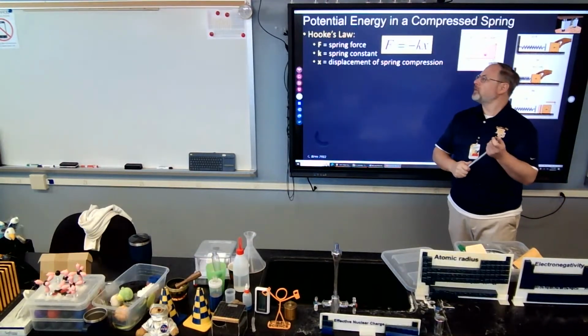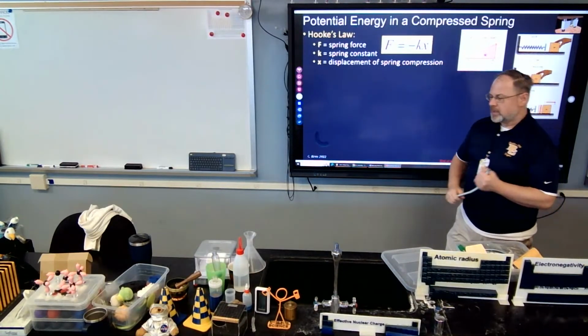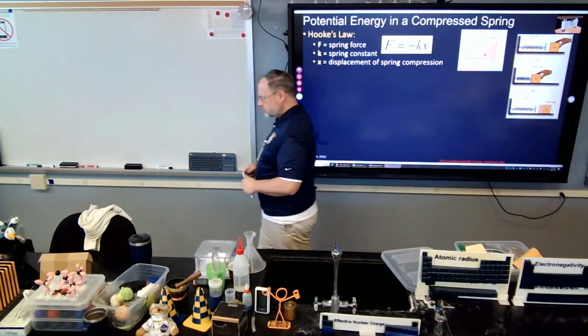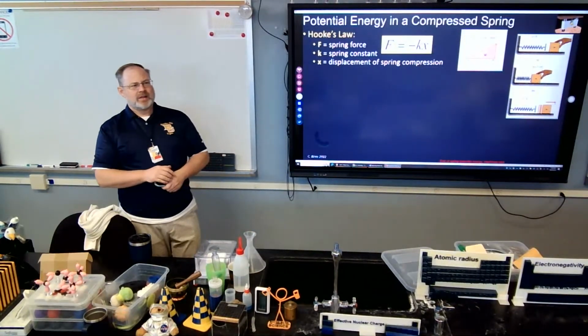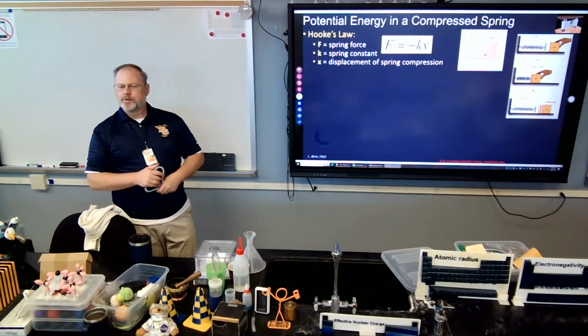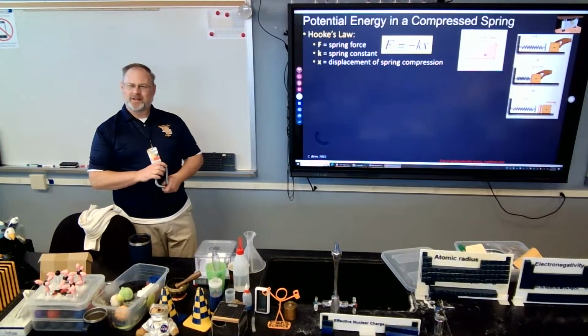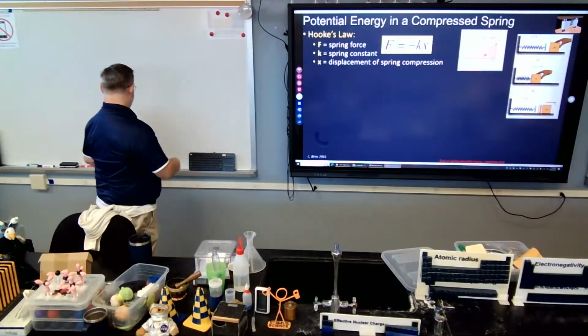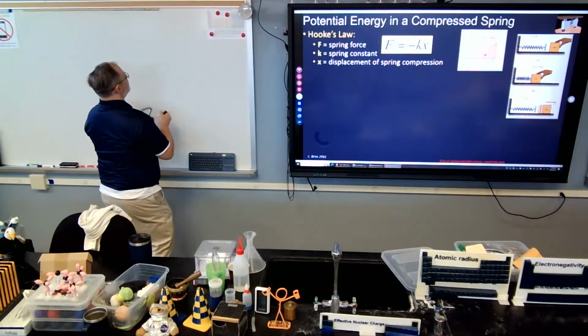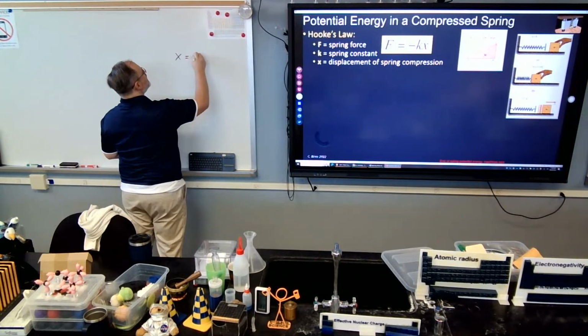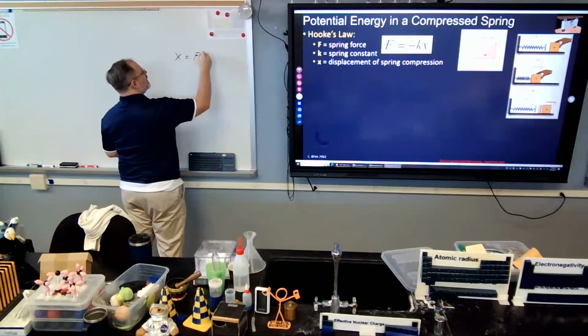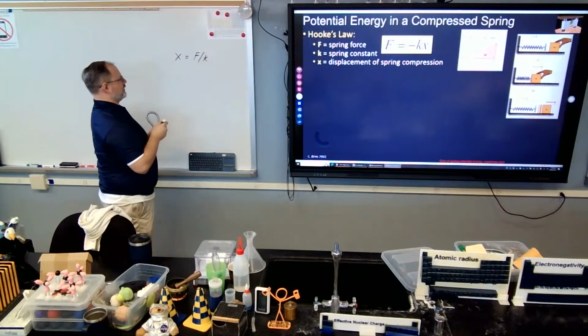This is one of those formulas that is written so you can remember it, but it's not like the cause and effect is wrong. What it should be is the extension of a spring is equal to the force you apply divided by its stiffness.